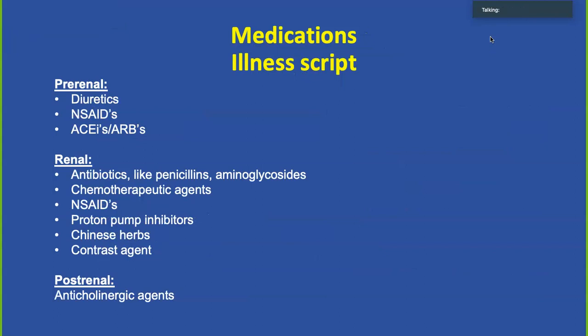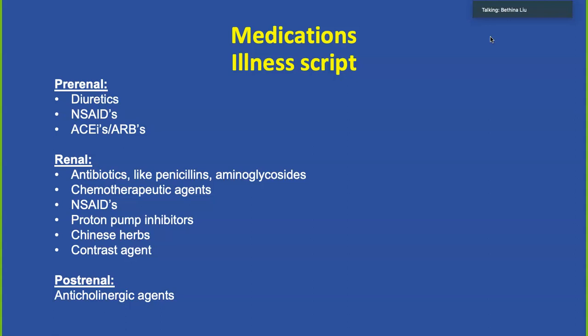And finally, we have medications, which can cause pre-renal, renal, or post-renal AKI. So for pre-renal, we should keep in mind patients' history of diuretics use, NSAIDs use, as well as any use of ACE inhibitors and ARBs.